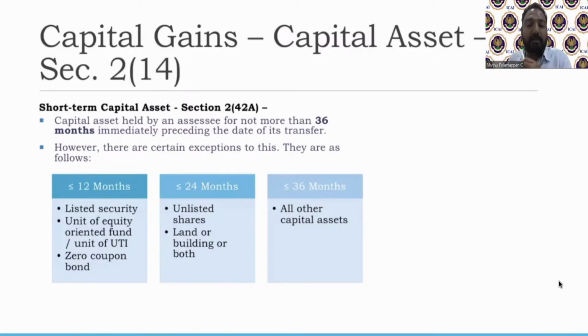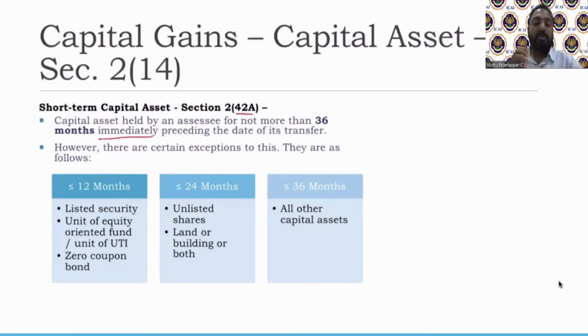Short-term capital asset has been defined under section 2, clause 42A. What does it say? If an asset is held for not more than 36 months, which means 3 years, immediately preceding the date of its transfer. So whenever you are selling, you have to check whether you are holding it for more than 3 years or less.